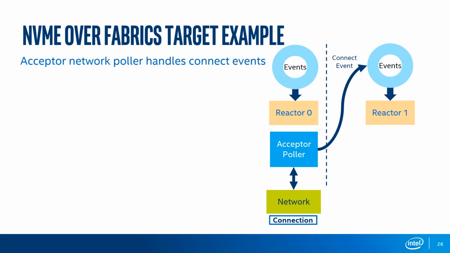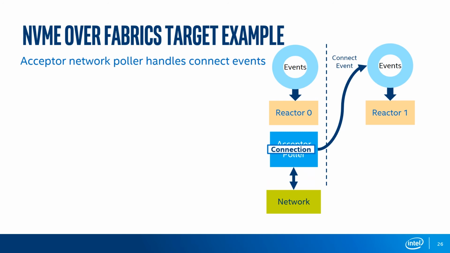So we're going to talk about how the NVMe over Fabrics target works and how it uses the application framework and the BDEV layer. There are two steps to this process. First, how a new connection is accepted and set up on a core. At the bottom of the picture you can see the connection. A new connection request comes in over the network, and there's an acceptor poller running since startup that continuously looks for new connections.